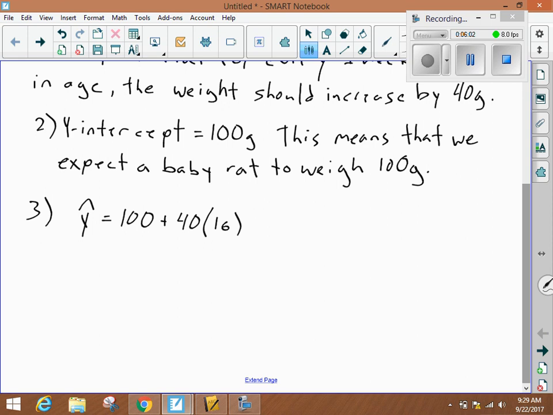There it is. So our expected weight after 16 weeks should be 400 plus 240, 640, 740? Yeah. Mental math.